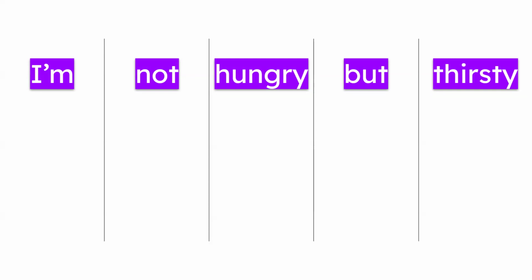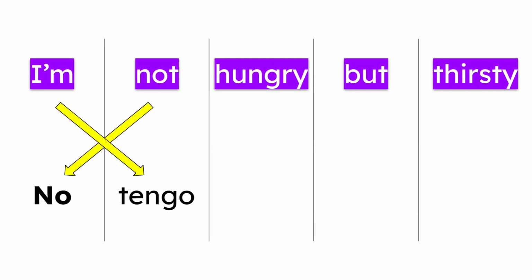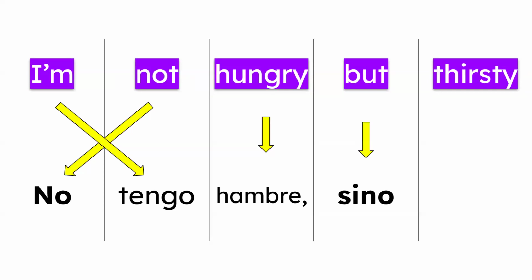I said that in this case we need the verb to have, or tener in Spanish. So it goes yo no, we start with no tengo hambre, no tengo hambre. But, pero or sino, perfect. No tengo hambre, sino sed.